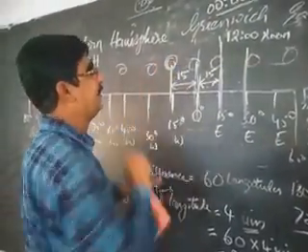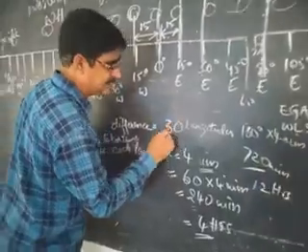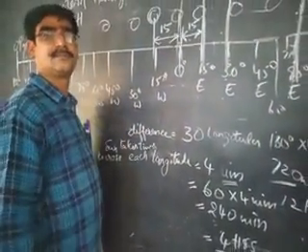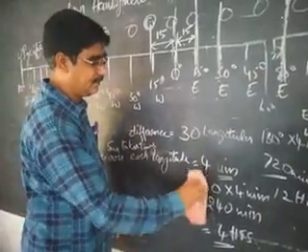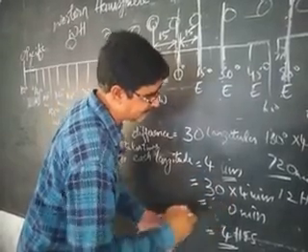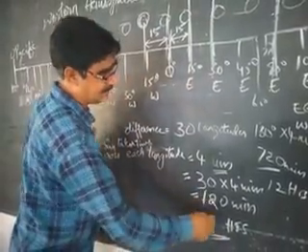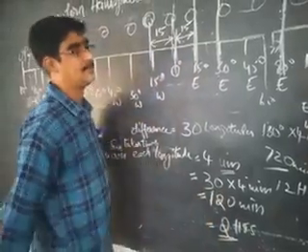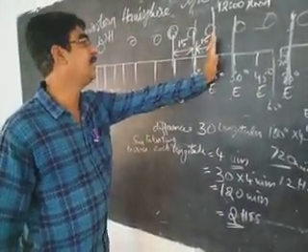That means the difference is 30 longitudes. The Sun takes 4 minutes to cross each longitude. That means 30 into 4, which is 120 minutes. 120 by 60, 2 hours. The time here is 12 noon.